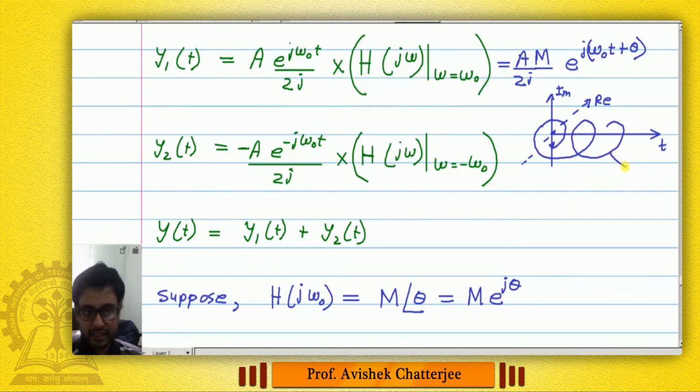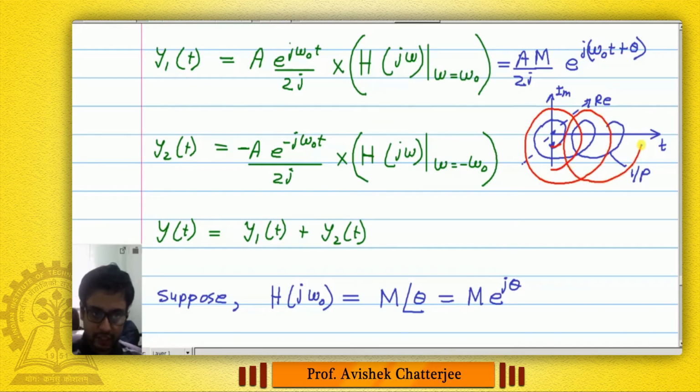Okay, this is the input, and then when you multiply this with m e to the power j theta, its magnitude will be larger or smaller depending on the value of m.